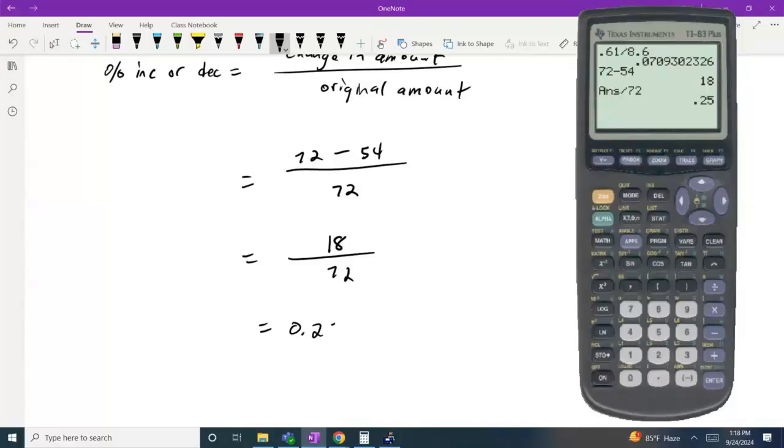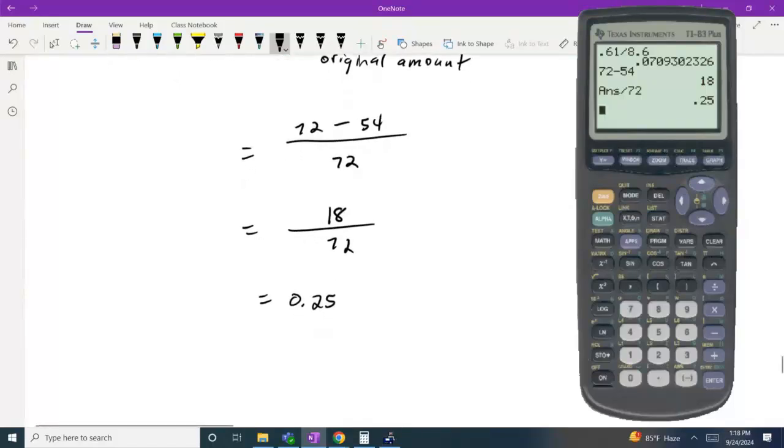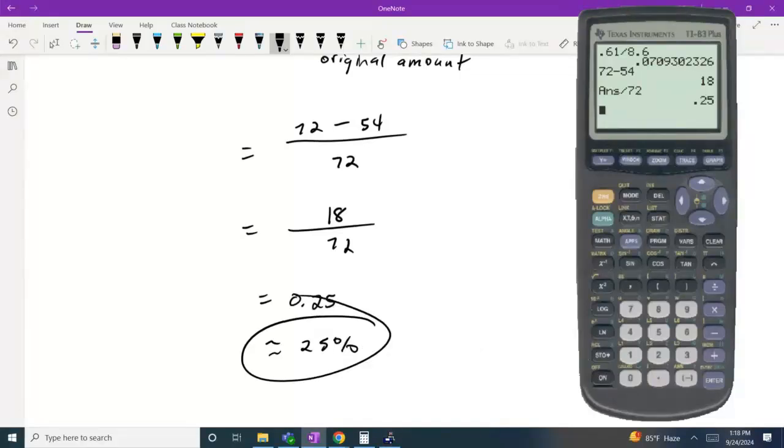We get 0.25. We're going to convert that to a percent, so we should have 25%. It can be a percent increase or decrease, depending upon your situation, but nonetheless, all of your percents must be positive.